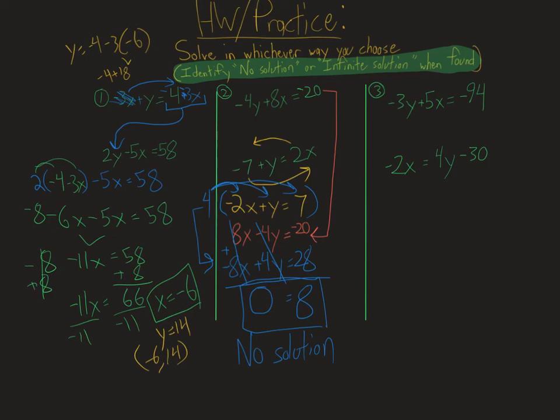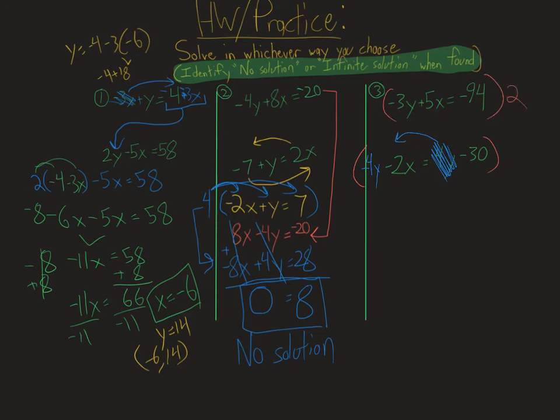Last one. That kind of looks like an easy elimination or substitution. I'm going to go with elimination. I like that one best. Just want to move my y over there, make it a negative 4y. And both equations are already matched. And I'm going to multiply to make the x's cancel.